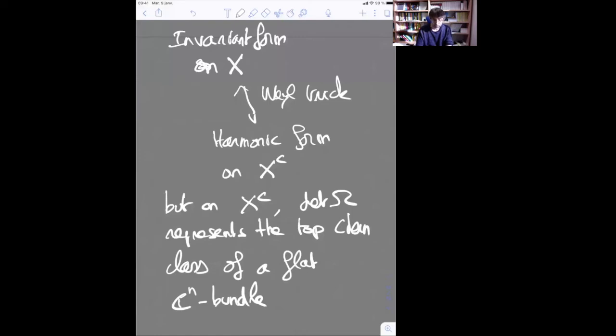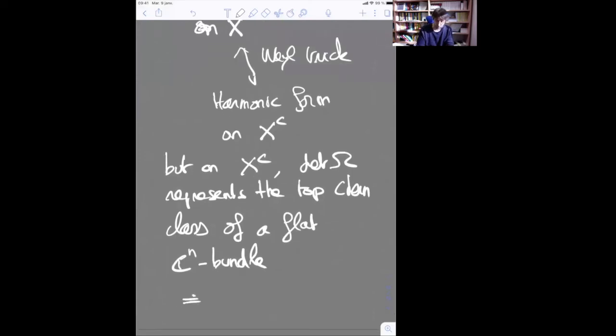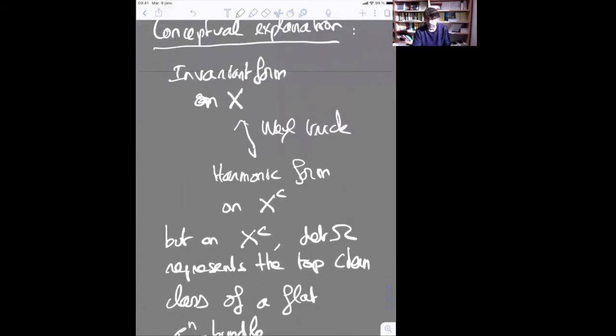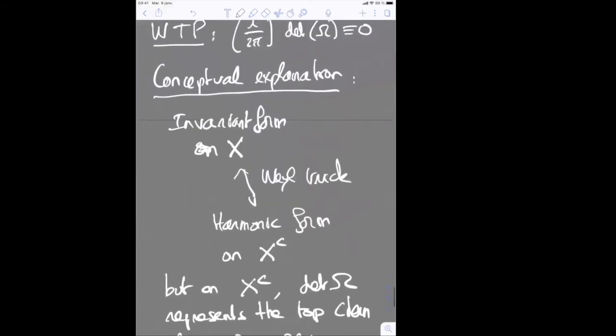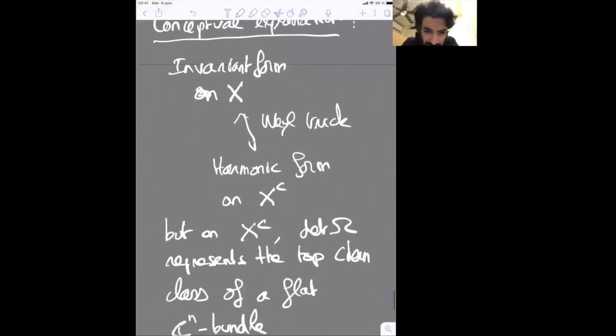So the determinant of omega has to be identically 0, because it's harmonic, so it represents a 0 form. So in the end, by the Weil trick, we know that our omega and our initial determinant of omega is also identically 0. So why does it become flat on X_C?